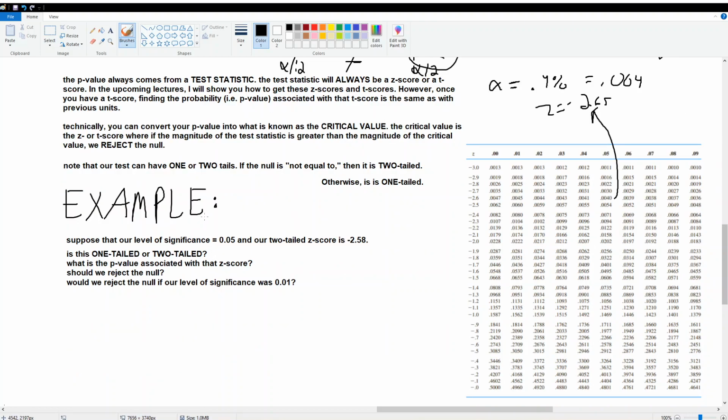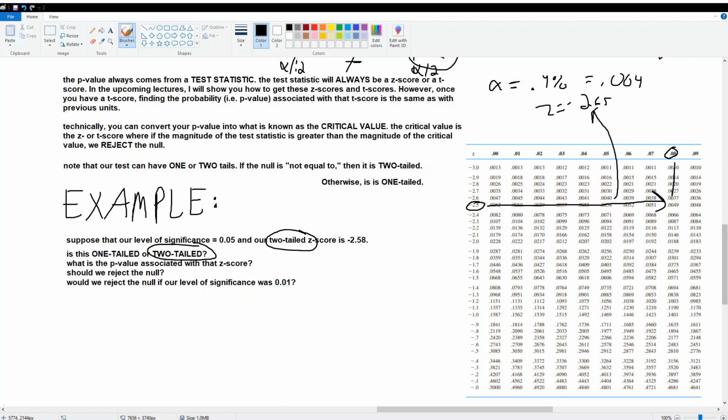As an example, let's suppose our level of significance is 0.05 and our two-tailed z-score is negative 2.58. Is this one-tailed or two-tailed? It's two-tailed because it tells us it's two-tailed. Now, what is our p-value associated with that z-score? Well, we have negative 2.58. So, negative 2.5, then 0.08.